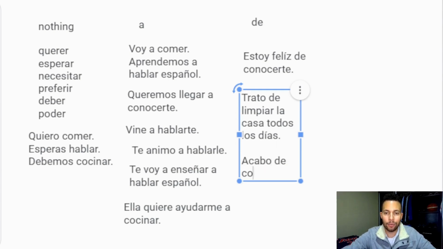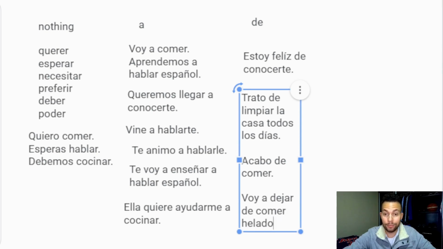Acabo de comer. Voy a terminar. Voy a dejar de comer helado.